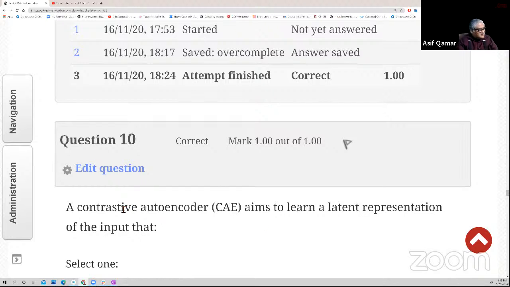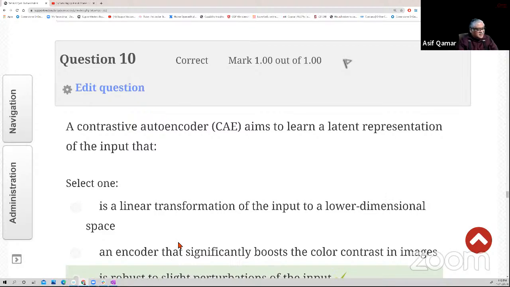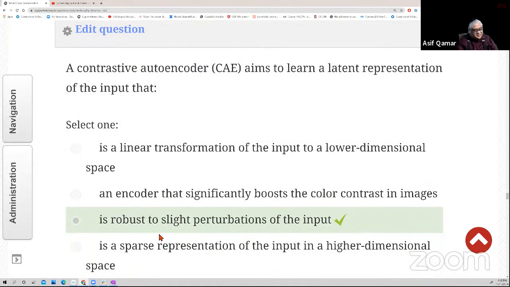Actually, I think there is a typo here. It's a contractive, not contrastive. A contractive autoencoder aims to learn a latent representation of the input that is robust to slight perturbations of the input. So how is this different, for example, from a denoising autoencoder? Do you guys remember? Anybody remember?